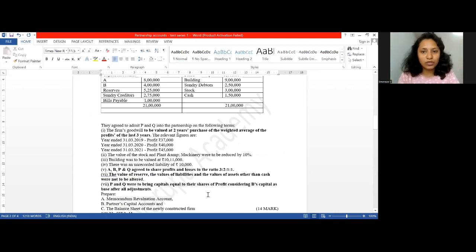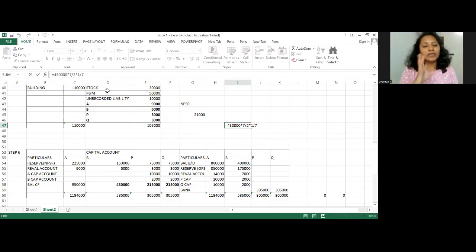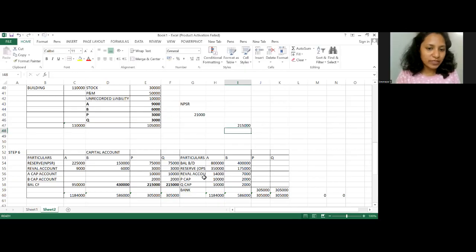We need to calculate what is P and Q's capital. So the balance in the capital account of B here is 4,30,000. Okay. So if 4,30,000 is 2/7 share, then for 1/7 share, what should be the capital of P and Q? So 1/7 share is 4,30,000 into 7 by 2 into 1 by 7, which is 2,15,000. So 2,15,000 is the balance carried forward of P and Q.